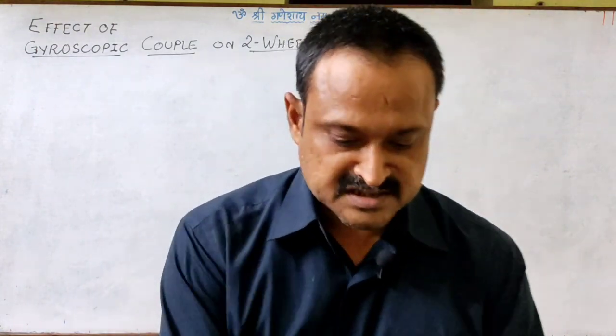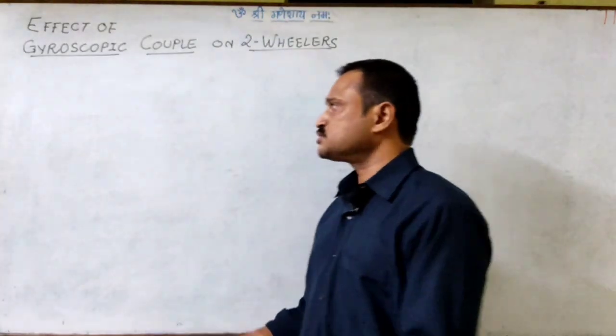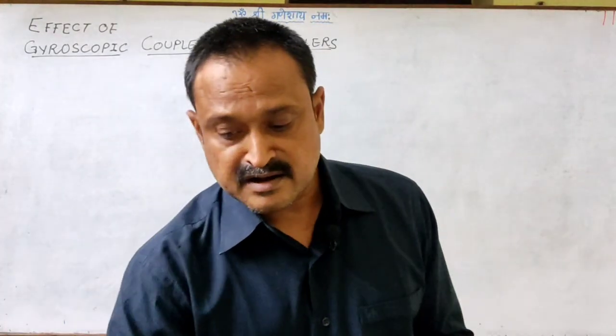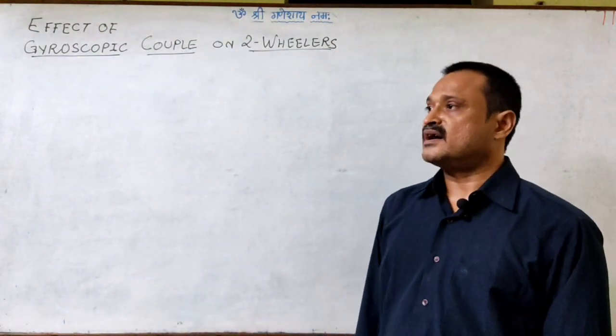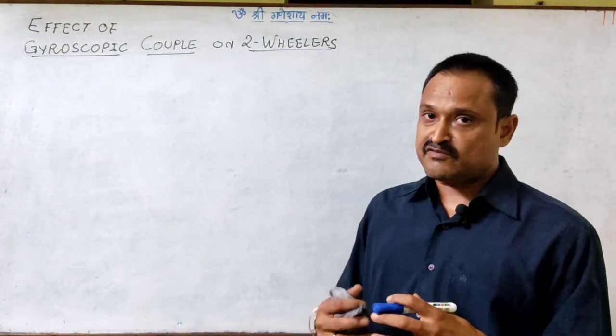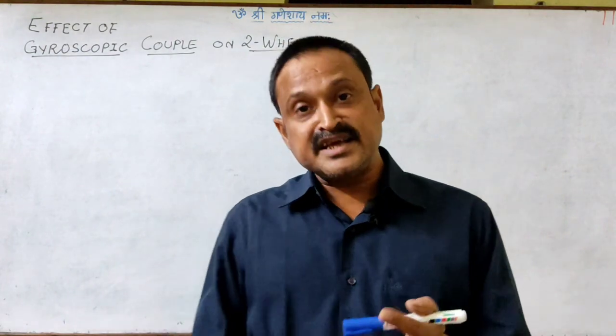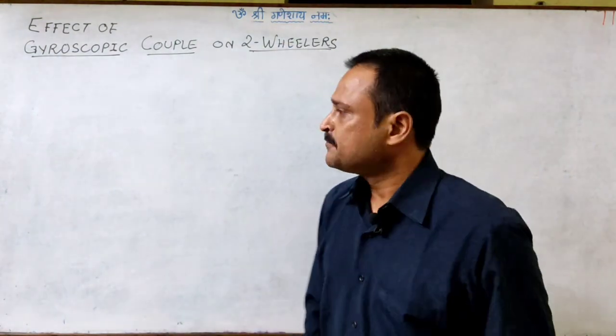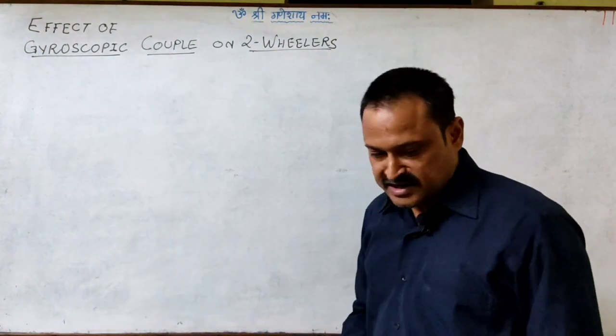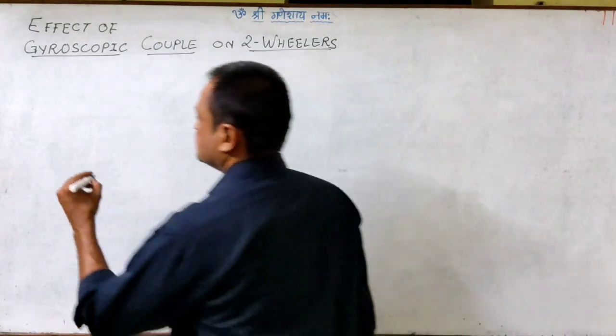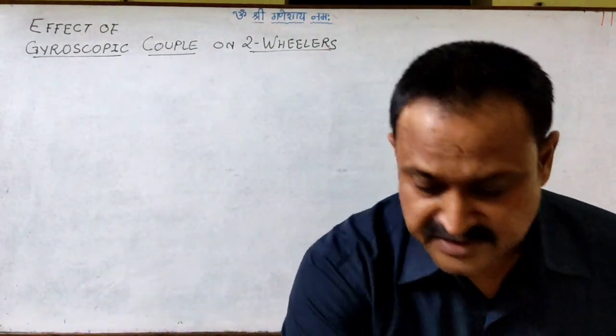So this is a major difference. That is how we can understand how the magnitude of the gyroscopic couple is affected due to this condition. So let us try to understand this in this session, right?